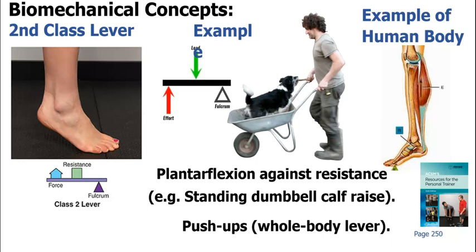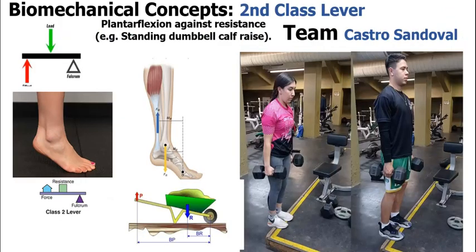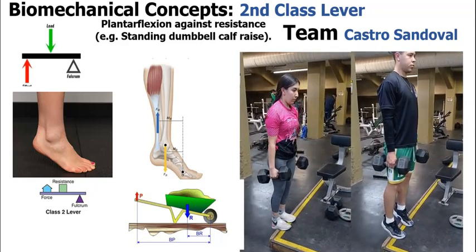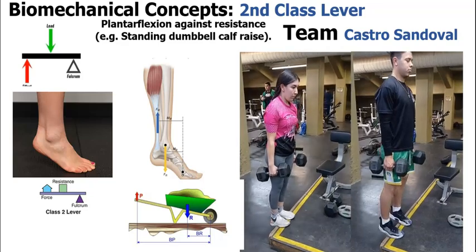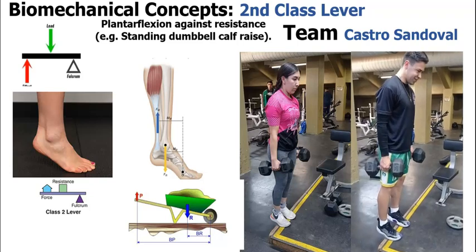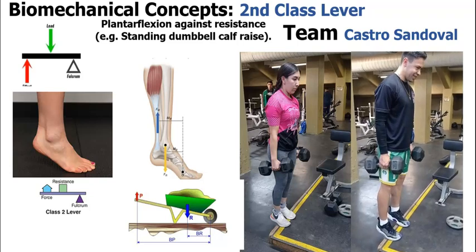In calf raises, the triceps surae are contracted to move the center of mass vertically, while the client's body weight is between the insertion of the triceps surae, the calcaneal tendon, and the forefoot. So here we have the example: plantar flexion against resistance.